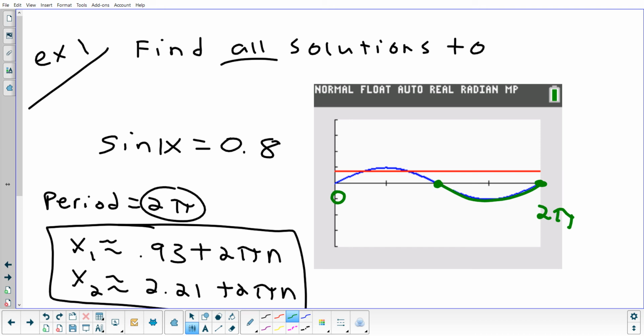How often is this section that's below the x-axis going to repeat itself? In general, that section that's below the x-axis, you're going to find that section in every, what? Yep. Every interval? Or every, yeah, period.